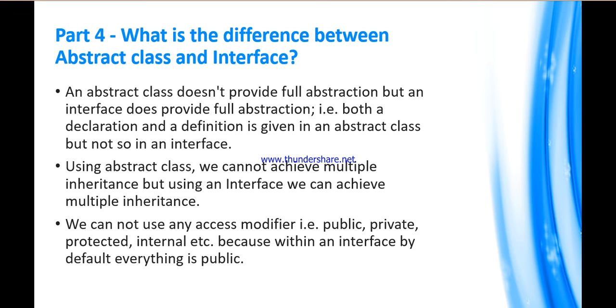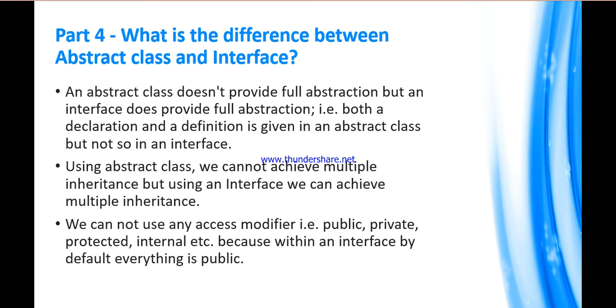But there is a limitation with abstract classes: we cannot inherit multiple abstract classes into any child class. This limitation is removed in interfaces, where we can inherit multiple interfaces. We will learn this with an example as well.